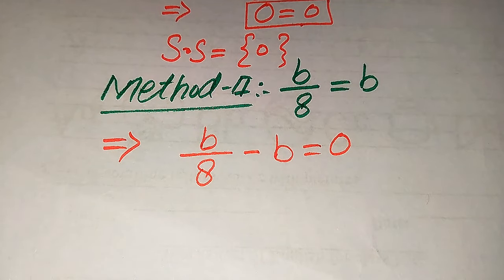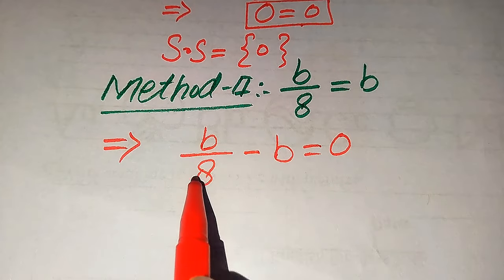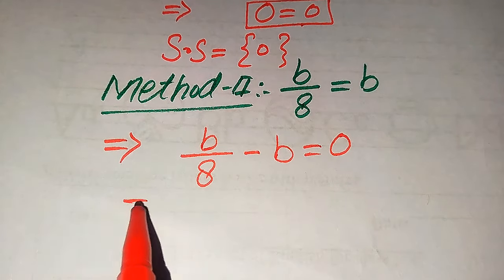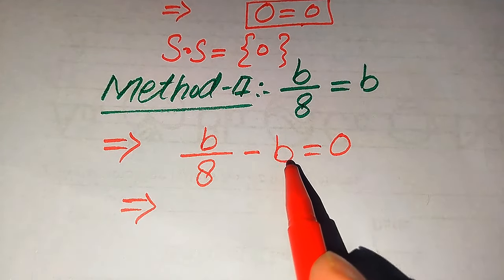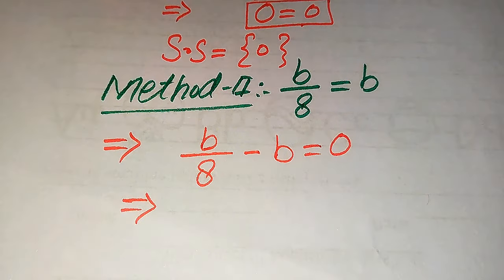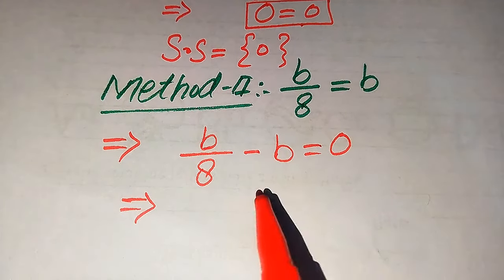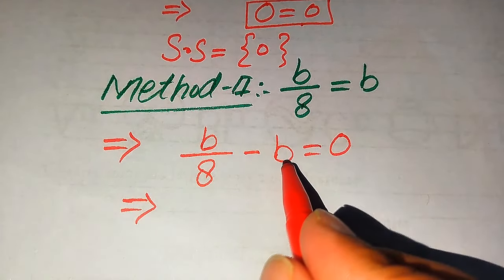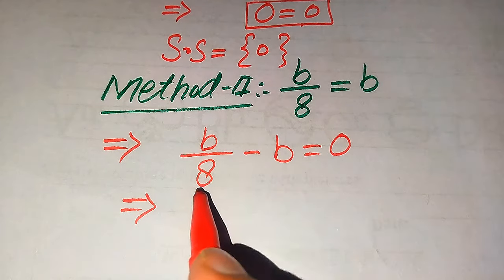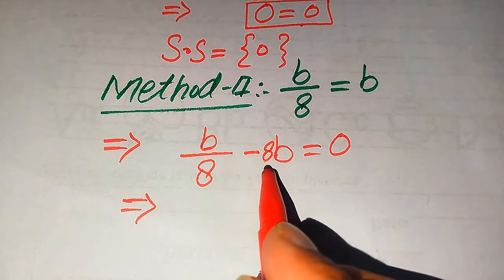And further in this method, you see here the denominator of this term is 8. We need to make the denominator of this term also 8. For this, we need to multiply and divide this term by 8 in order to make the denominators of both of these two terms the same.